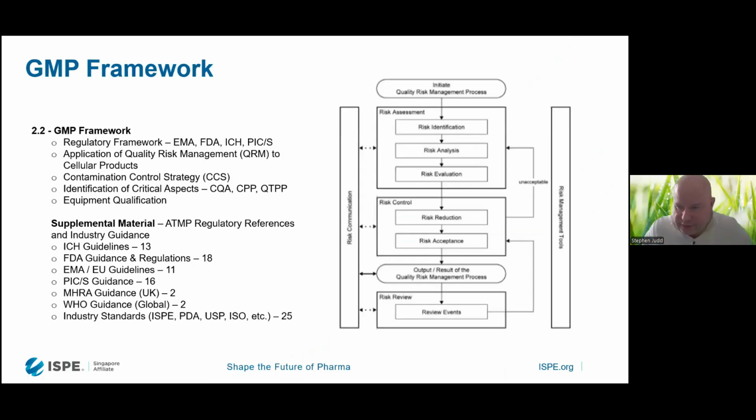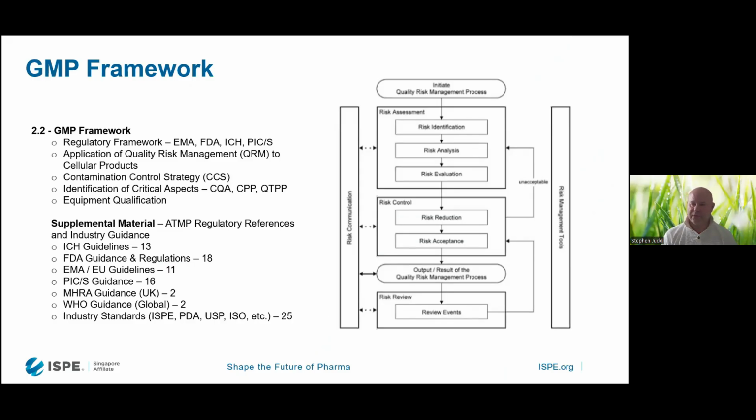So this is a brief overview. The bullet points on the right give an overview of the different regulatory frameworks, different regulatory considerations, and different guides that are applicable to somebody who is looking to develop a process or a facility for a cellular manufacturing process.